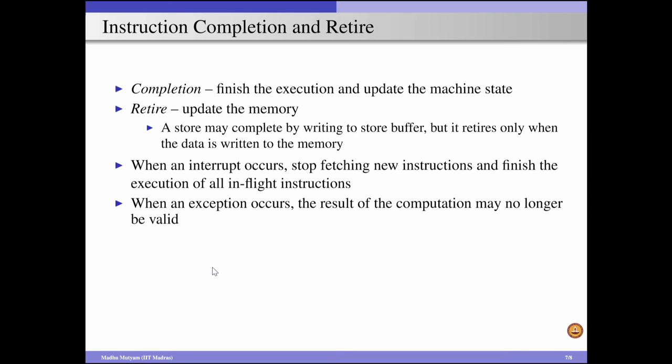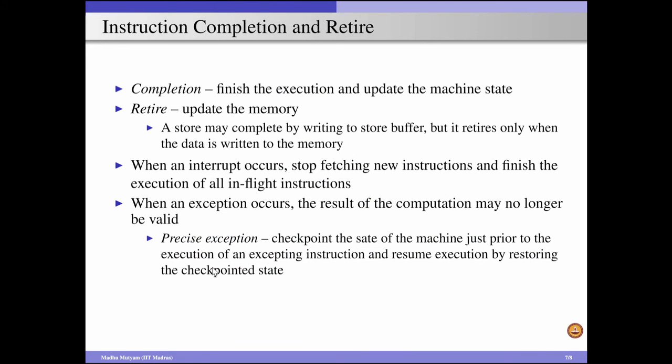When such things happen, we need to restore the proper state of the machine, or go back to the proper state of the machine before the execution of this trailing instruction which created the exception.